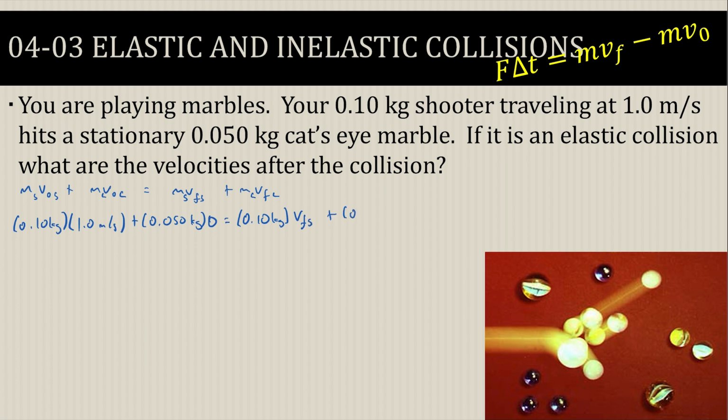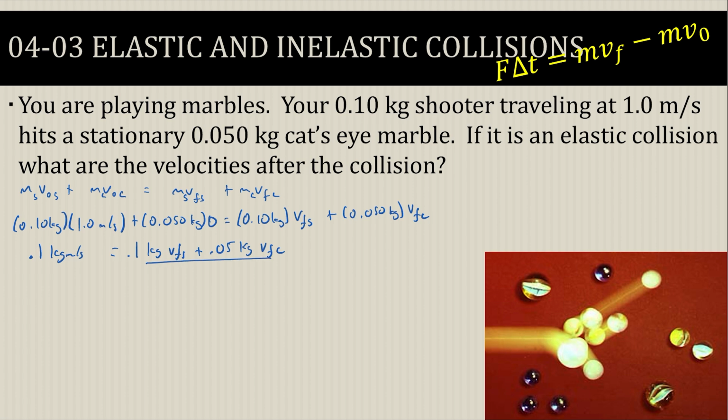And then the cat's eye has some final velocity, but they're not the same final velocity. So if I multiply these, I get 0.1 kilogram meters per second equals 0.1 kilograms VFS plus 0.05 kilograms VFC.